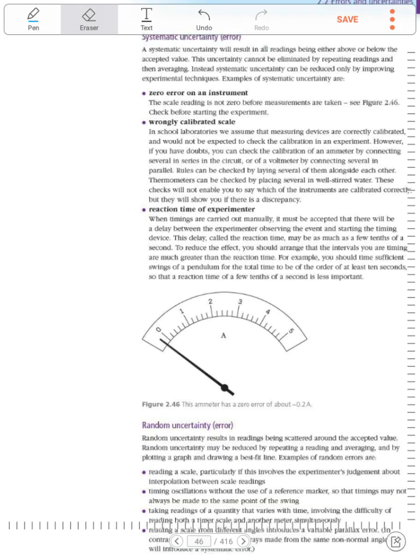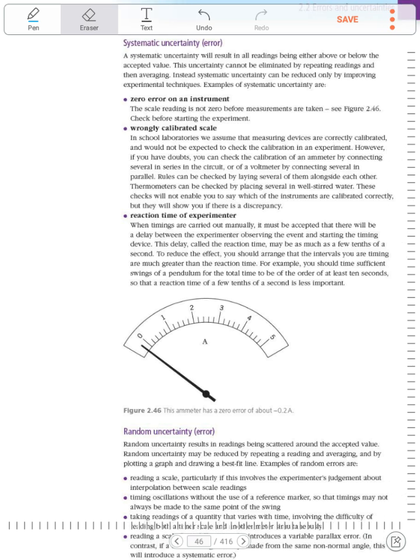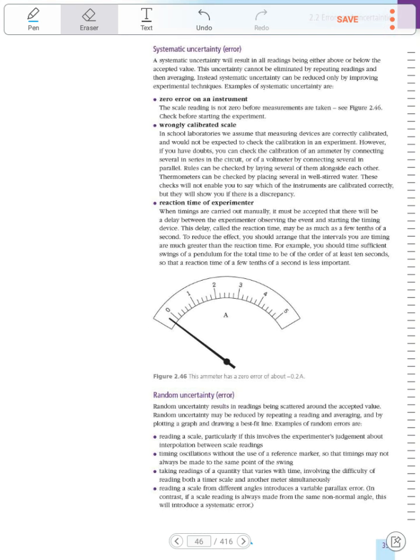This uncertainty cannot be eliminated by repeating readings and then averaging. Instead, systematic uncertainty can be reduced only by improving experimental technique.